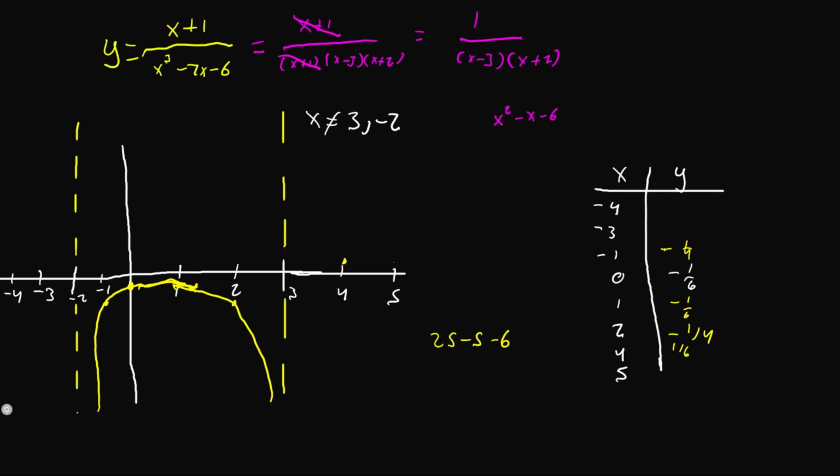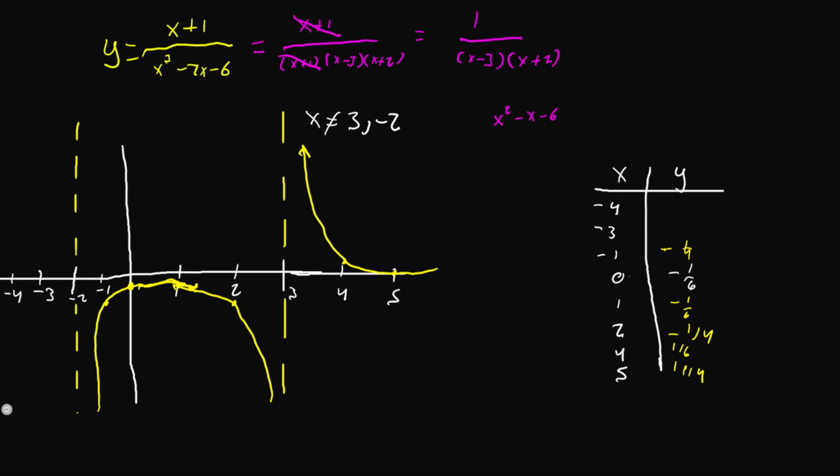That's going to give us 14. That's going to be 1 over 14, being close to 0. So we're just going to draw our rough sketch and then look at the left side now.